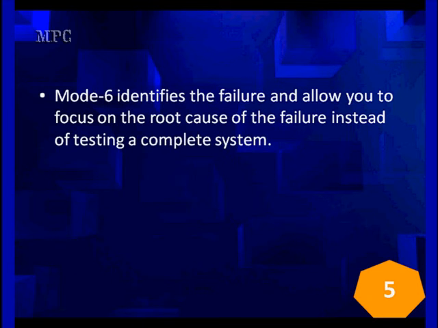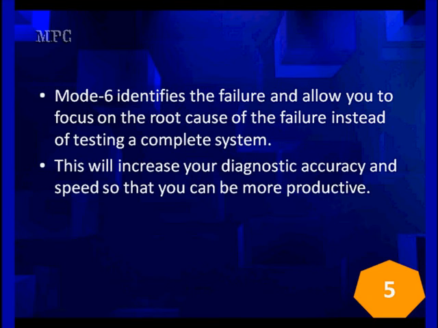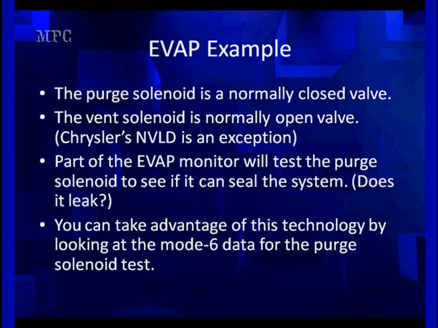Now, Mode 6 identifies the failures and allows you to focus on the root cause of the failure instead of testing the complete system. When we get a leak code, it's the same for everybody, little or big, 20,000s, 40,000s. We're going to show you some other codes, and we're going to help you increase your diagnostic accuracy and speed so you can be more productive. Now, the purge solenoid is normally closed. This is something you need to know.